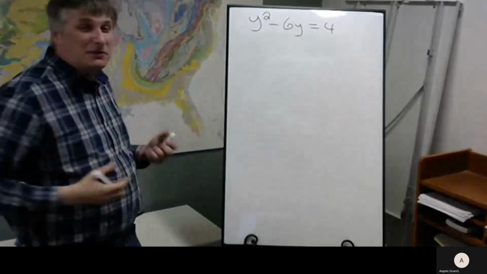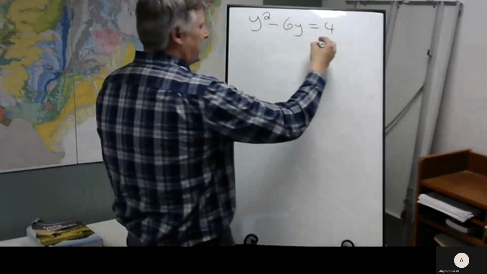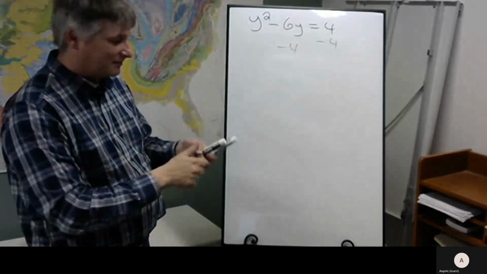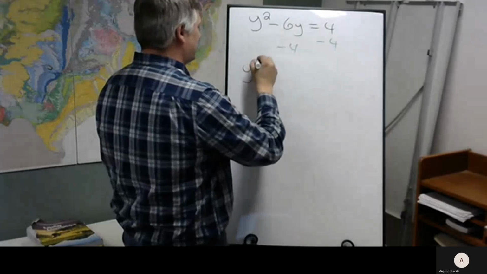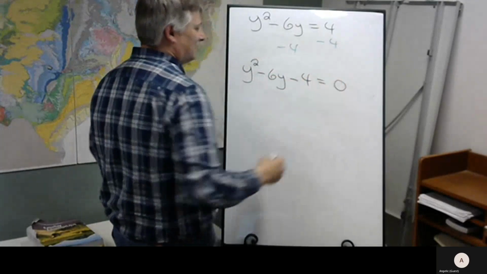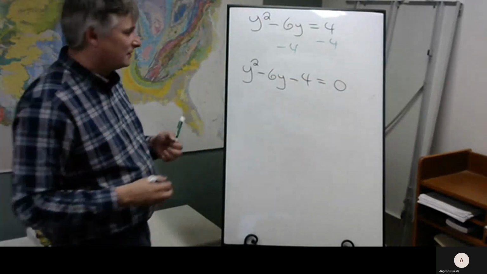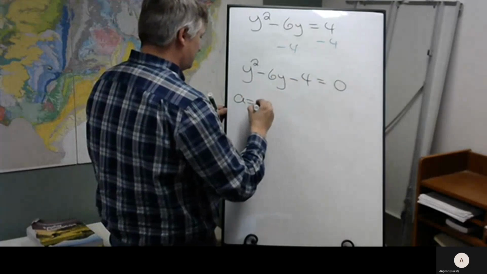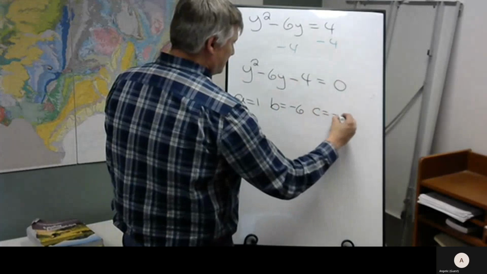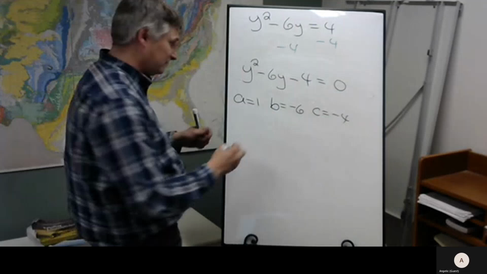Now, again, I recommend using the quadratic formula. So we want to get this in standard form. So we want everything to one side with a 0 on the opposite side. This will be y squared minus 6y minus 4 is equal to 0. So in this case, our a is 1, our b is -6, and our c is -4. So now we use the quadratic formula.